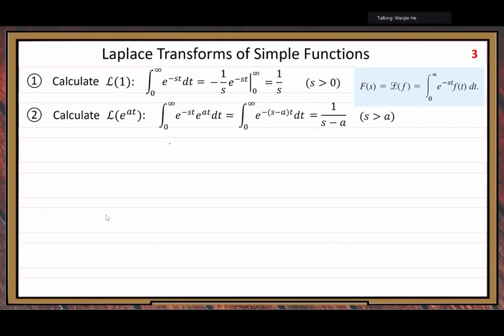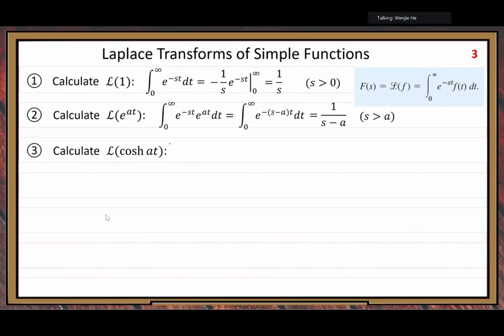The third one, here, cosh. This function we call a hyperbolic function. The cosh function we call a hyperbolic function. Some of you may still remember it from calculus.